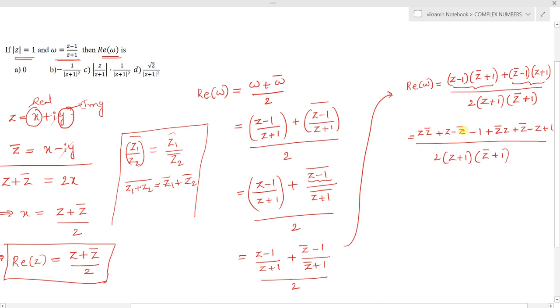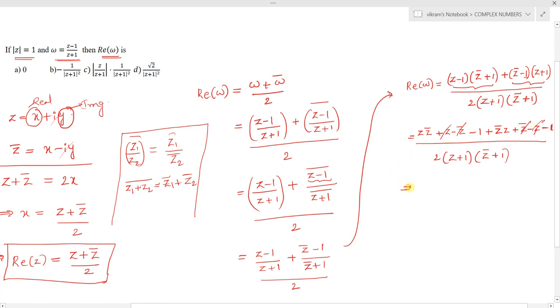Okay, right. So what is it? Plus z minus z, minus z conjugate plus z conjugate cancel out. And over here it is minus 1 into plus 1, which is minus 1. I can write minus 1 over here, minus 1 over here.